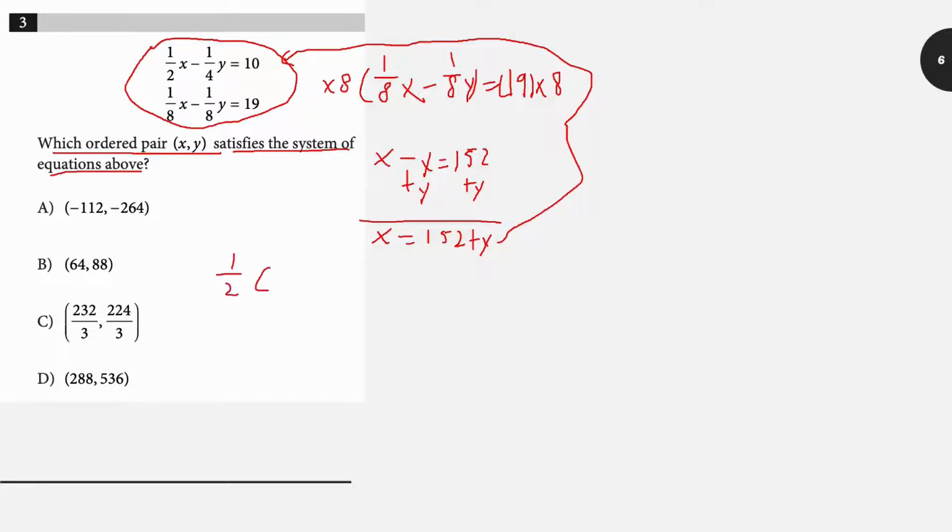1/2 times (152 plus y) minus 1/4 y equals 10. So you can distribute right now, and you find that you get 76 plus 1/2 y minus 1/4 y equals 10.